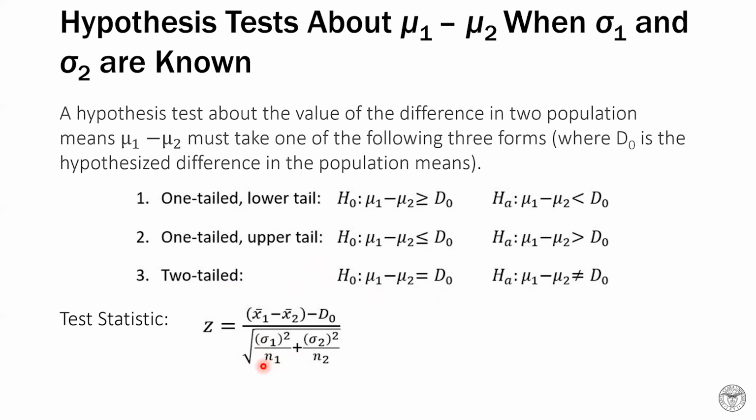In any of these three different hypothesis tests, one-tailed lower tail, one-tailed upper tail, or two-tailed, the test statistic is the same, which is given by z equal to x sub 1 bar minus x sub 2 bar minus d sub 0 over the square root of sigma sub 1 squared over n sub 1 plus sigma sub 2 squared over n sub 2.